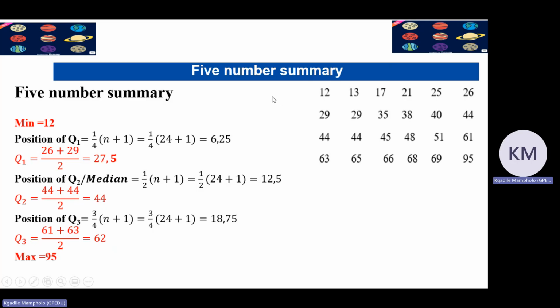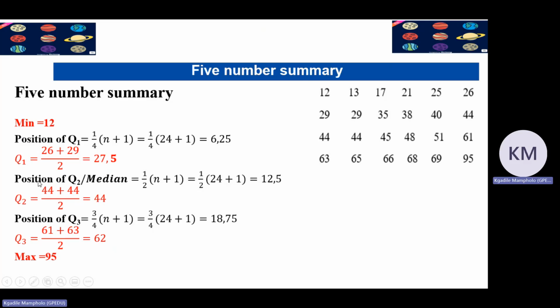So our Q1 will be term number 6 and term number 7 in this data set, added and divided by 2. But if the answer was 6, we'd just take term number 6. Here, because it's a decimal, we take term number 6 and number 7, add them and divide by 2.